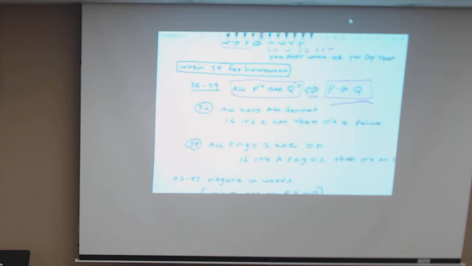So put that in your notes. Because number 36 says all cats are felines. So if all cats are felines, that would say what? If it's a cat, then it's a feline. And they want you to write it out in words.